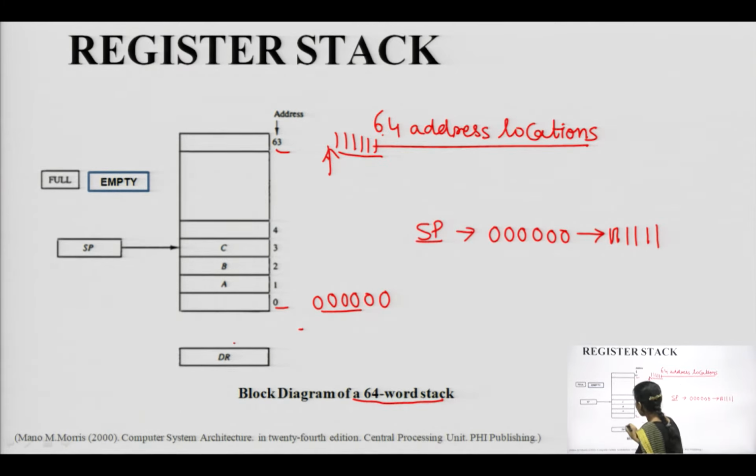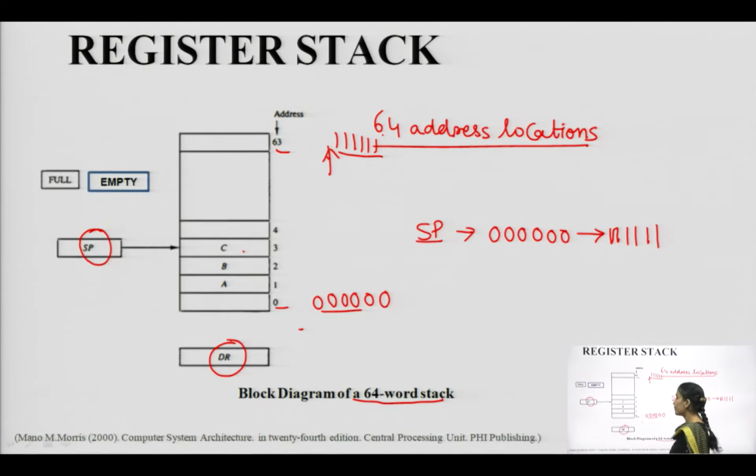Then this is DR, the data register. The data from this DR will be inserted into or deleted from the stack. Then this is my stack pointer that points to the top of the stack.